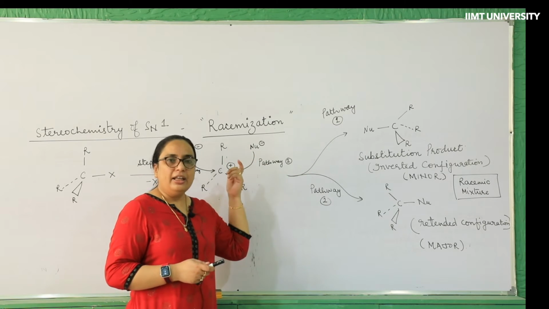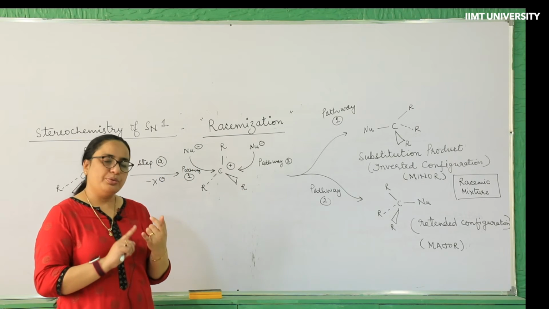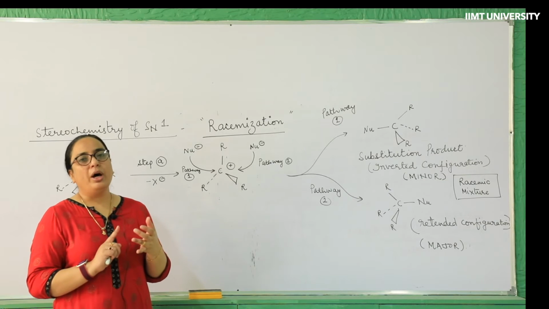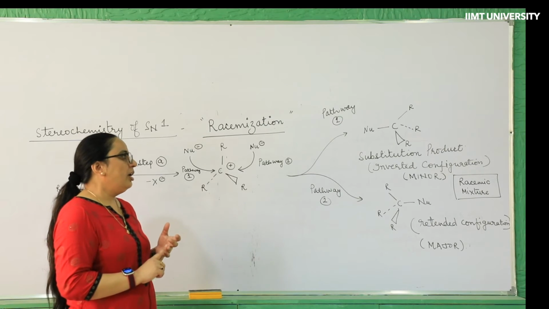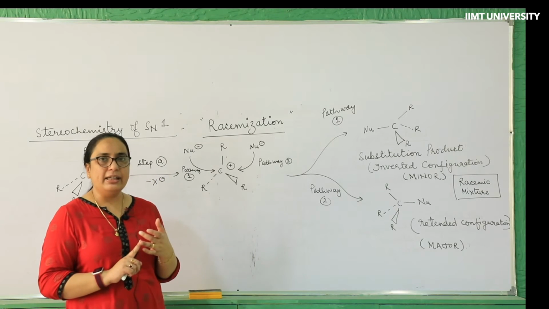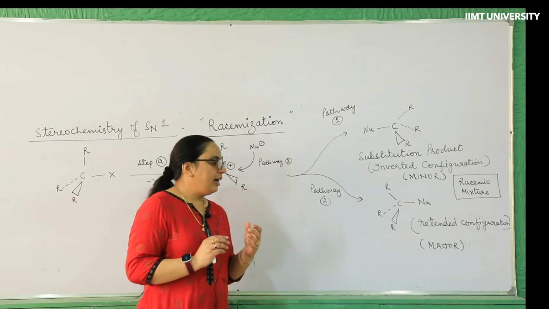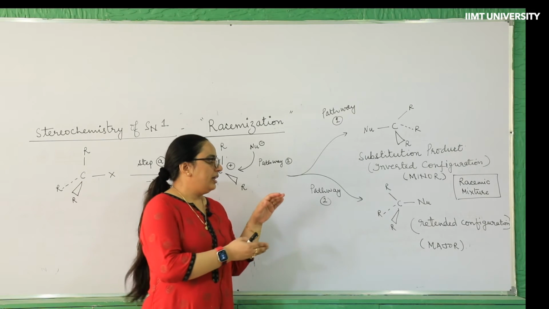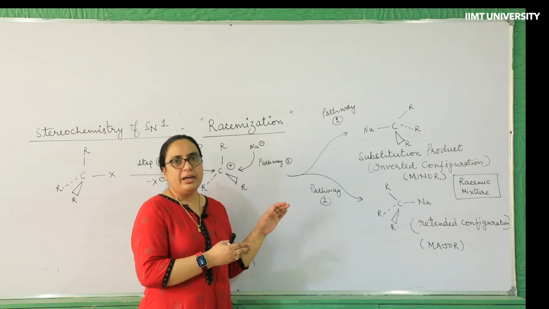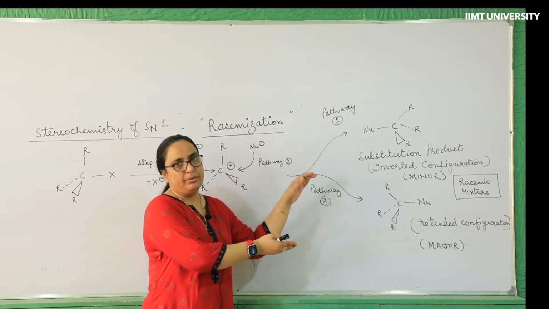That is, in the SN1 reaction, there is the formation of a mixture of two products. One is with inverted configuration, one is with retained configuration. The concentration of product with inverted configuration is less as compared to that of the product with retained configuration. So it is the example of racemization, and the mixture of these two products formed is the racemic mixture.